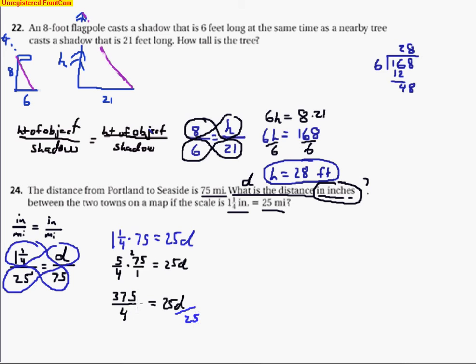That's the same thing as dividing by 25 over 1. Now when we do that, we actually multiply by the reciprocal. We keep the first fraction the same, 375 over 4, but we're multiplying by 1 over 25. Now as I do this, I think of quarters. See, 25 cents goes into $3.75. Think of that as 375 pennies is $3.75. How many quarters make $3?